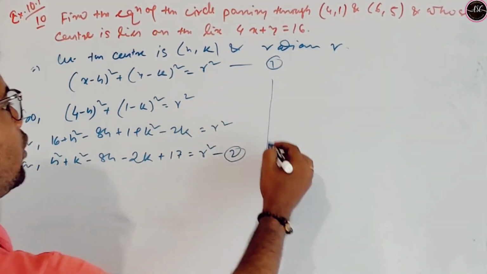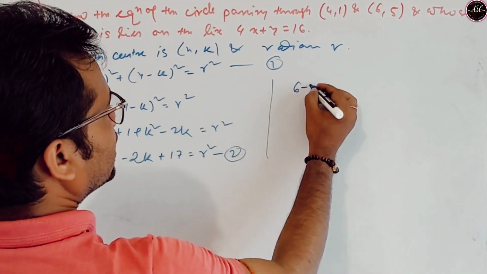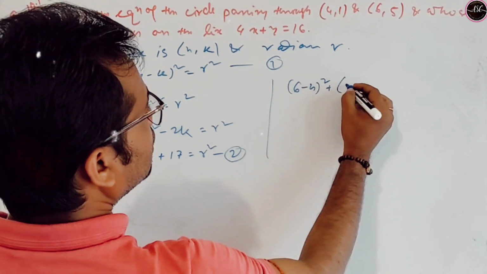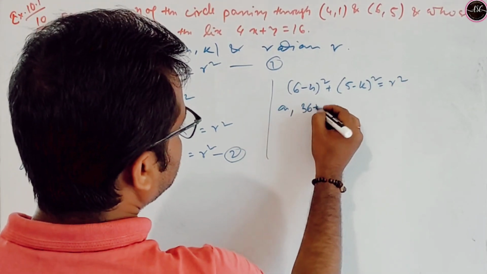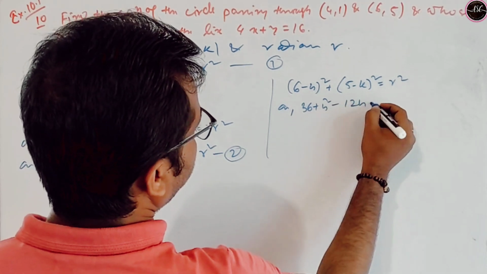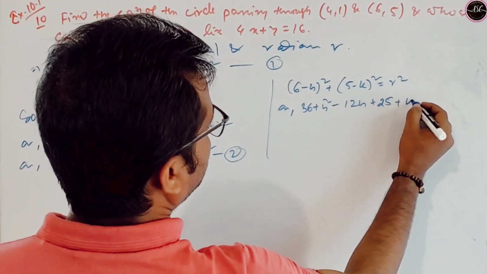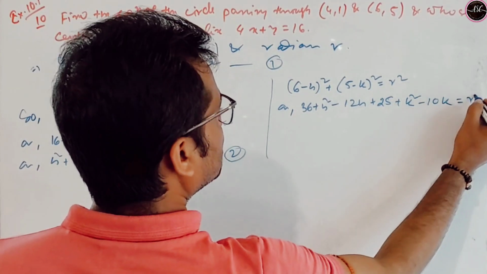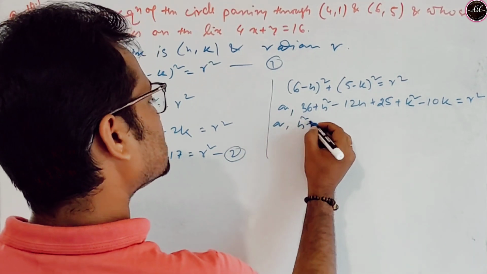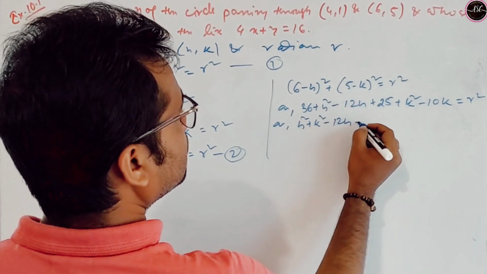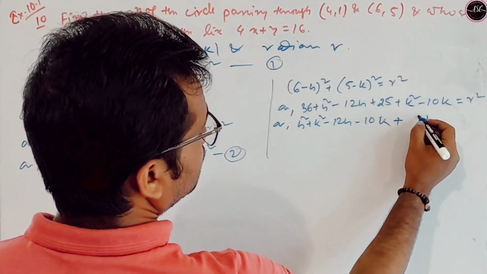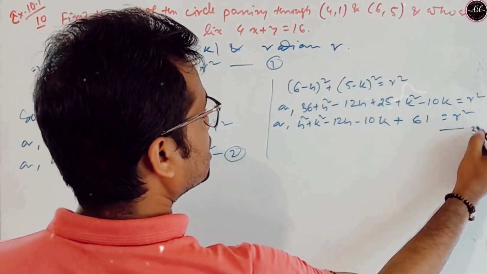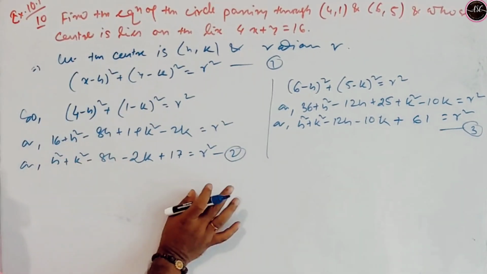And also (6 - h)² + (5 - k)² = r². Just simplify: 36 + h² - 12h + 25 + k² - 10k = r², or h² + k² - 12h - 10k + 61 = r². This is equation 3.